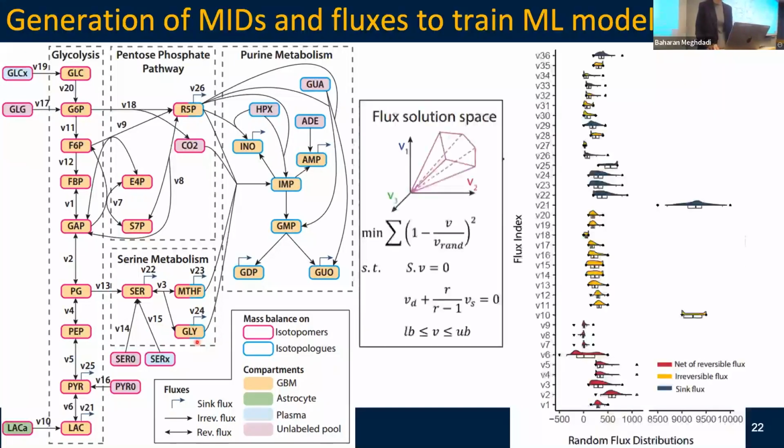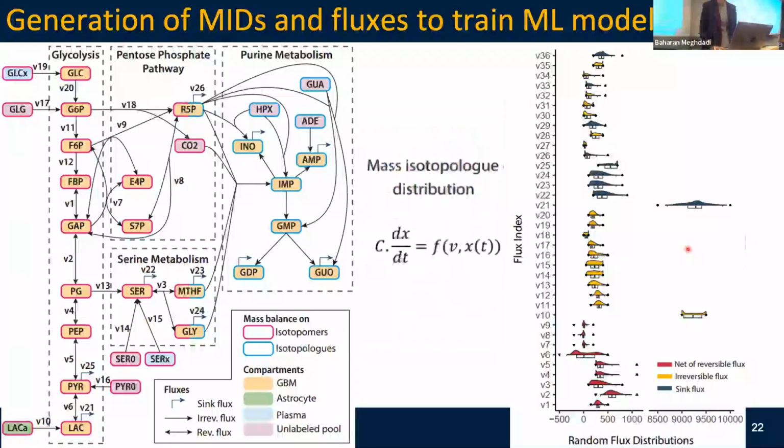And by solving the optimization problem, we found a distribution for the fluxes. You can see that we first initiate this problem with uniformly distributed fluxes, but after going through this optimization and constraints based on the mass balances, for each of these fluxes we got a unique distribution.